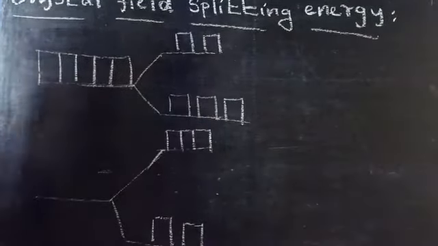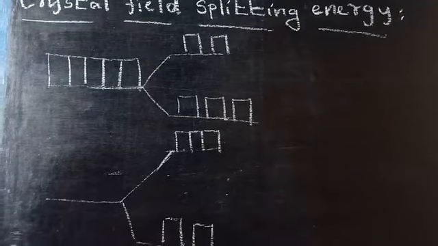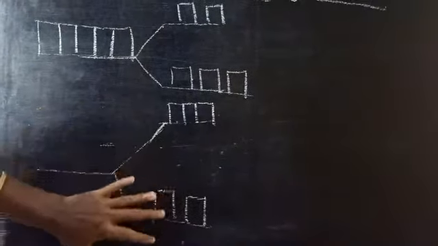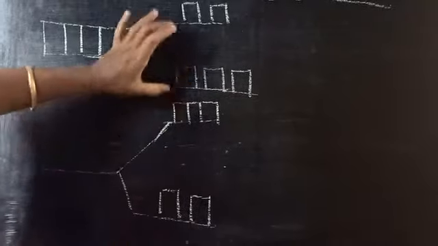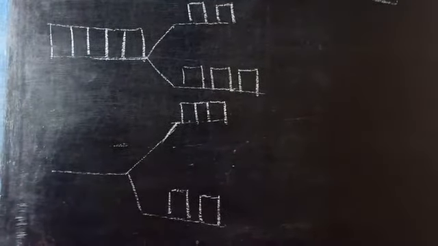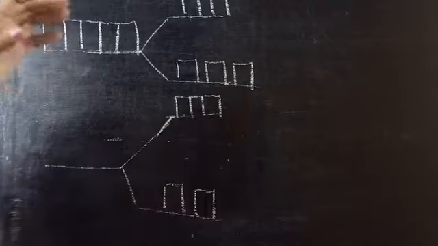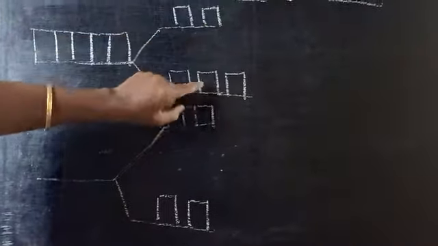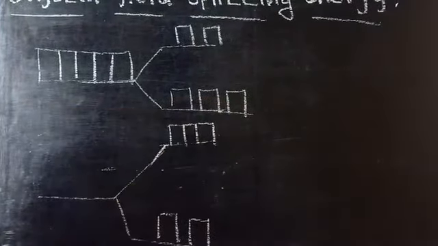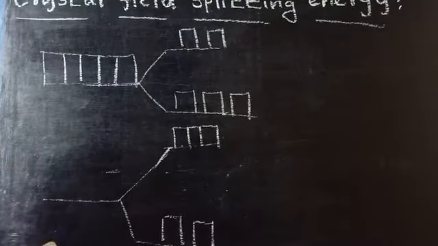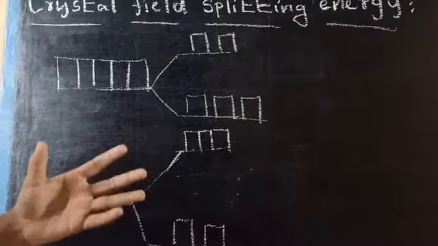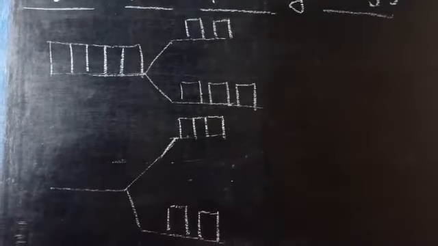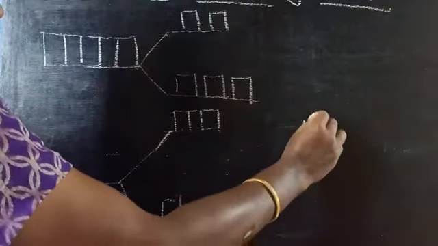Are you clear, children? So now crystal field splitting energy. Okay, this one is for tetrahedral, this one for octahedral. So in an octahedral complex, the filling of electrons in these orbitals varies depending upon the nature of the ligand. Children, for example, d5 configuration.